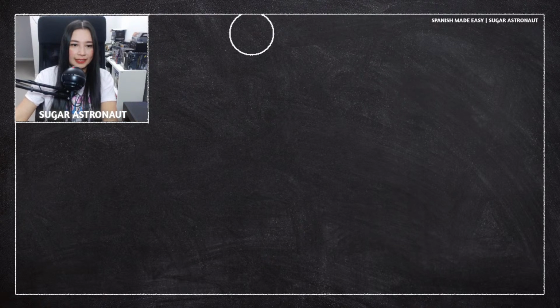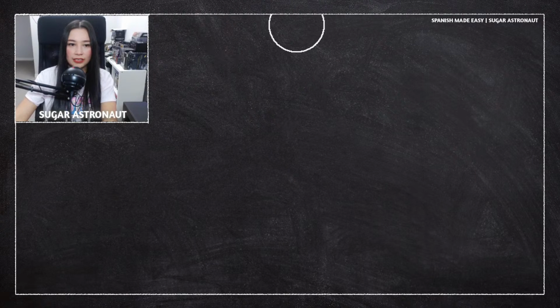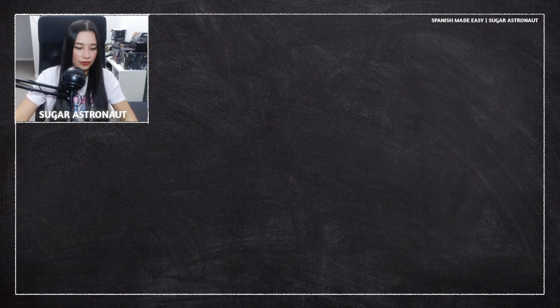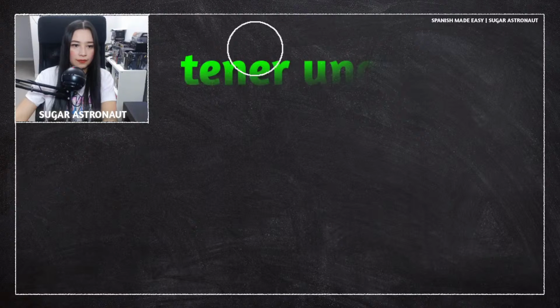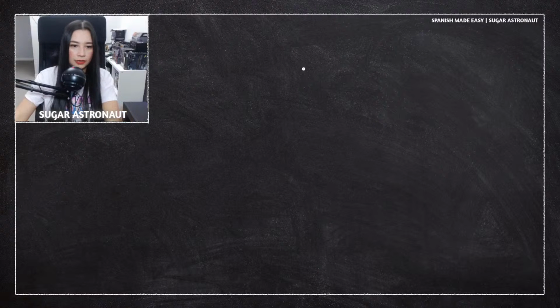The last verb is. Actually, I believe it's a phrase. It's a phrase. You need to know the conjugation of the verb tener, because tener means to have, and that's a verb.